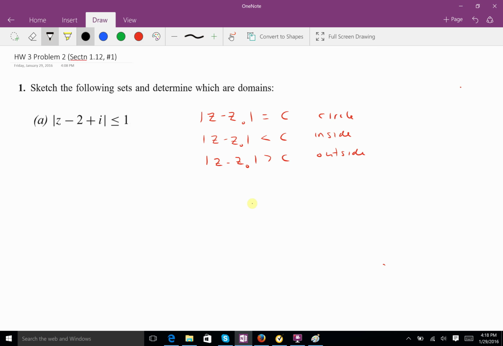So if we do this, we notice that we have |z - (2 - i)| is less than or equal to 1.